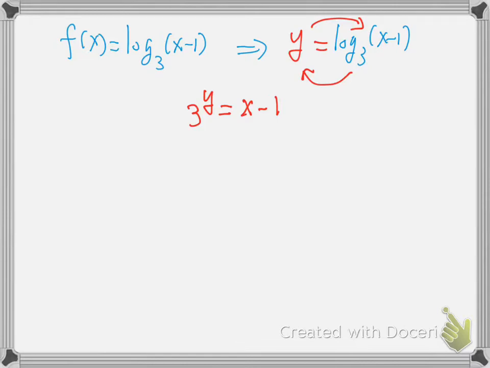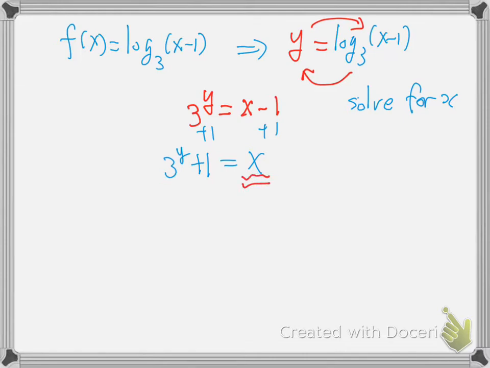A lot of students start the table from this equation. So you shouldn't start from here. There's one more step. We have to solve for x. We have to get x by itself. So add 1, we got x is 3 to the y's power plus 1. So you have to get x as a function of y.